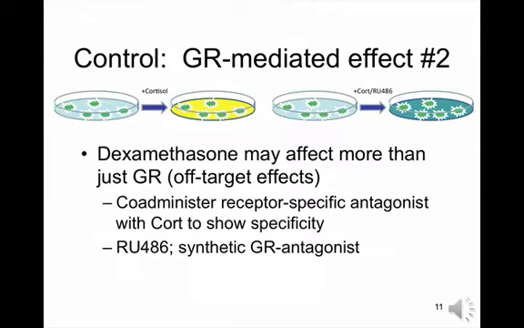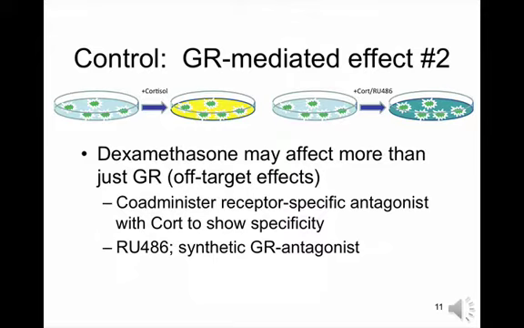However, when there's chemicals and drugs used, there's always the possibility of an off-target effect. That is, it's not acting as expected. It's acting through a second messenger or a second molecule. So one way to rule that out is to do the reverse experiment.